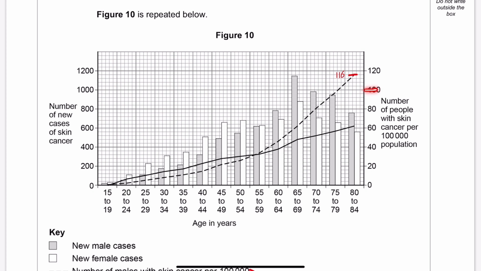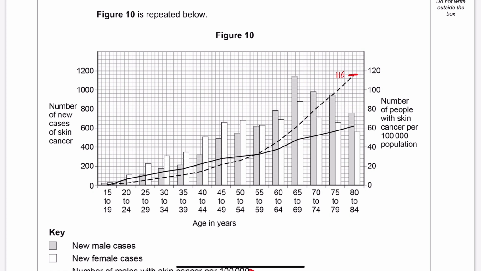When this is 100, this is 104, 108, 112, 116 and 120. So this value is 116. This value of 116 is among the population of 100,000, but the question value is 694,000 population.